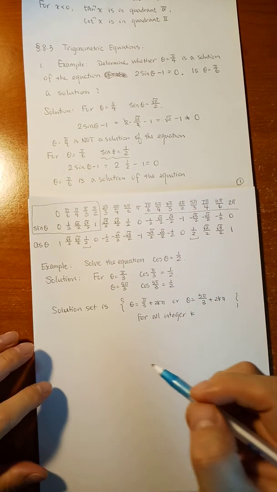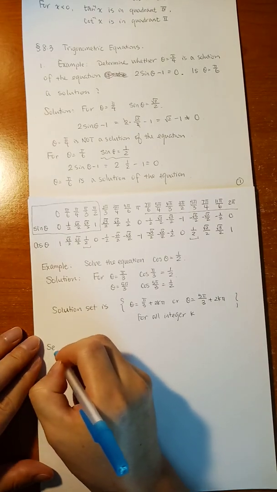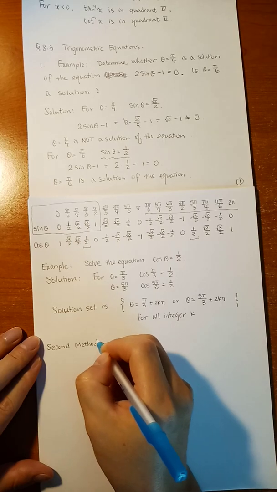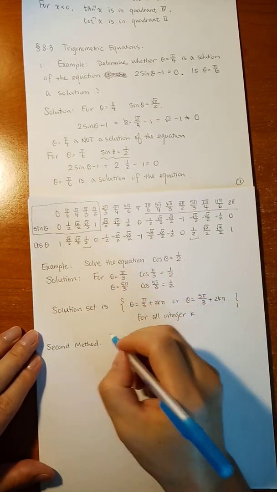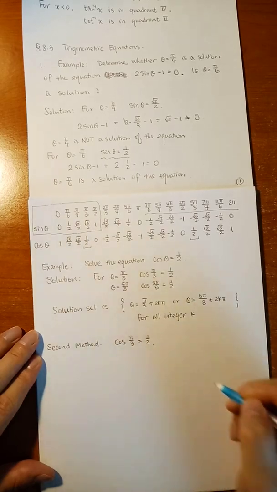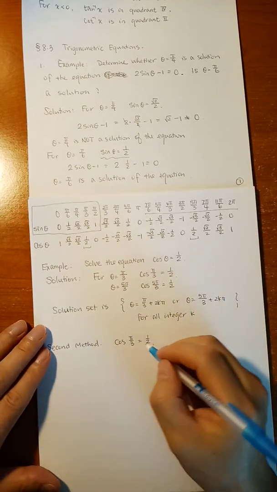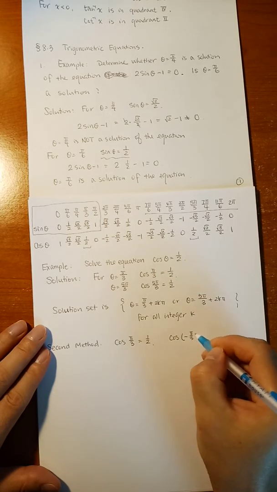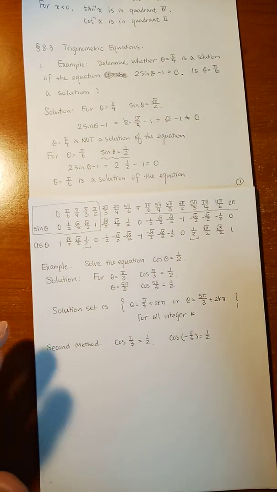Okay, the second way: if you just know that cosine pi over 3 is a solution, remember that cosine is an even function, so cosine negative pi over 3 is also equal to 1/2.